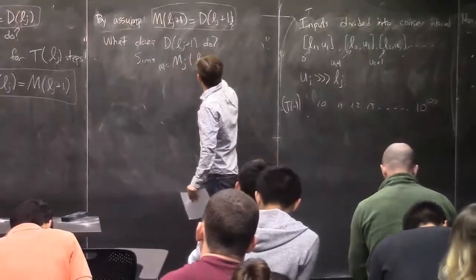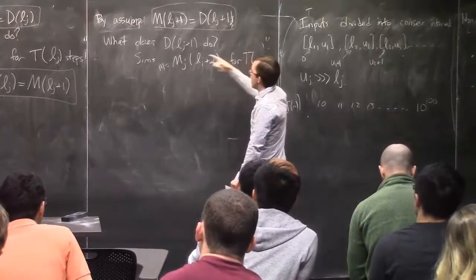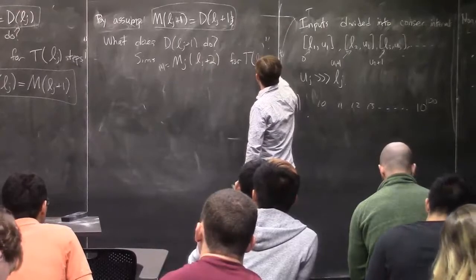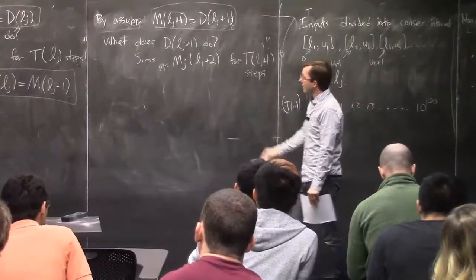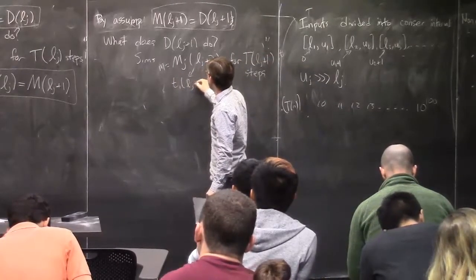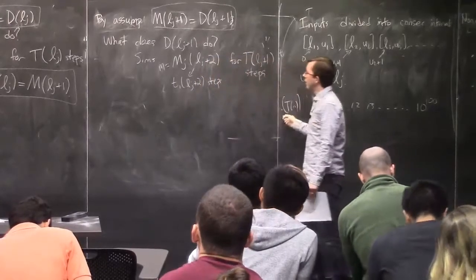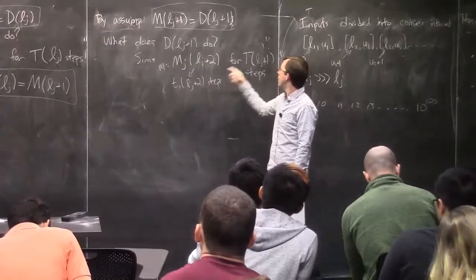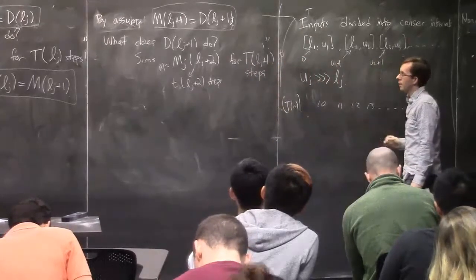But it does it on L_j plus 2 for capital T of n steps, and now n is this, so L_j plus 1 steps. Now we use again, this by assumption finishes in T1 of L_j plus 2 steps. And we use our main assumption in the theorem that this is little o of this. So this simulation has time to finish, and it works fine.